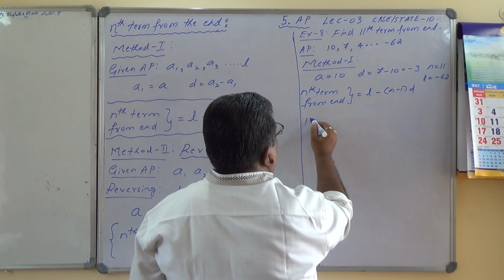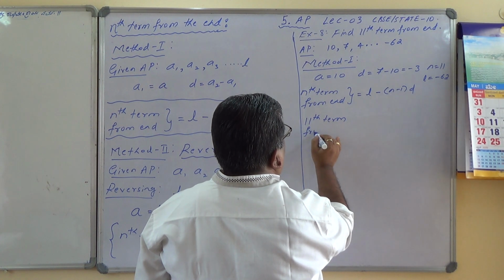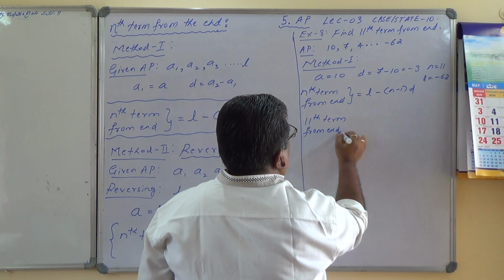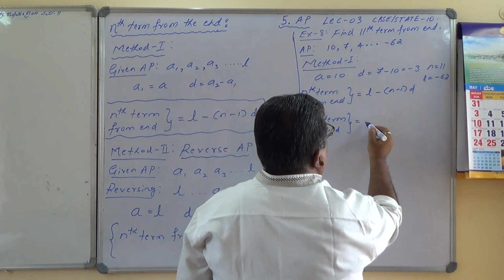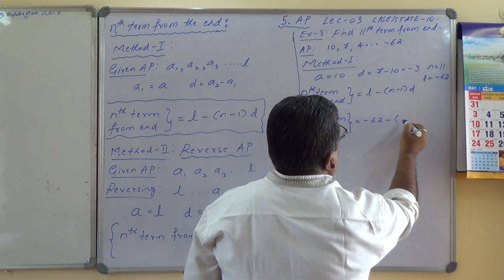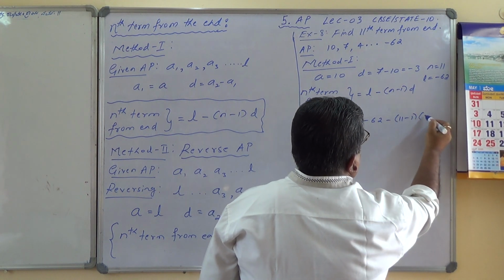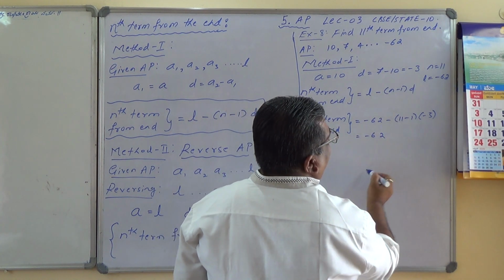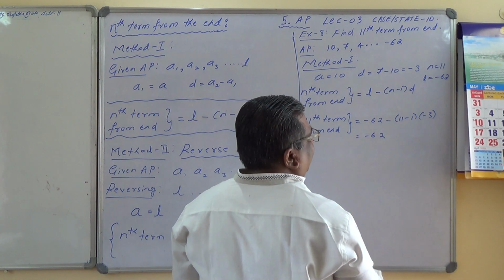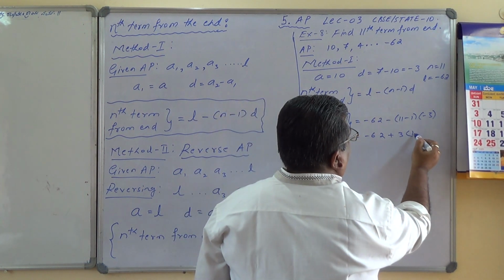And therefore 11th term from end equals L minus 62 minus 11 minus 1 into d. d is minus 3. Okay, this equals minus 62 minus of minus 3 into 11 minus 1, 10.